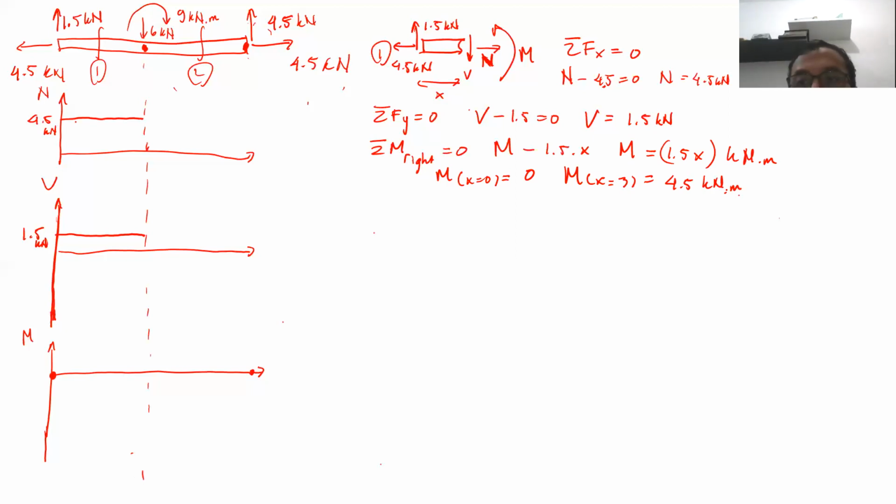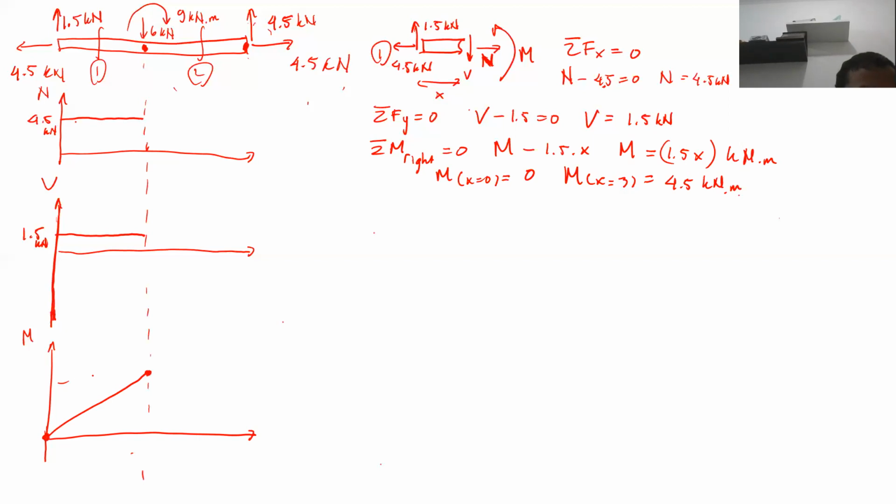So if I have to draw the moment diagram, it's supposed to go like this. This is 0, and this is 4.5 kilonewton meter.